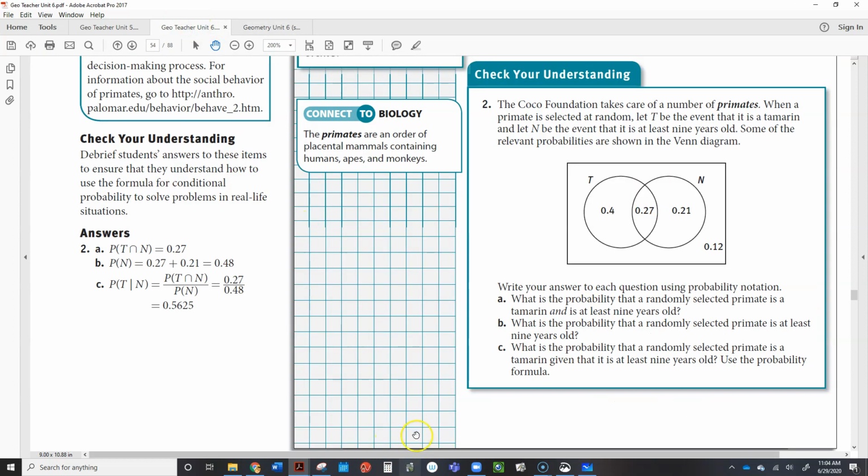Okay, so I'm assuming that you've given it a try. Like I said, these are the percentages, the proportions already worked out. I would sometimes suggest going ahead and adding these two together.